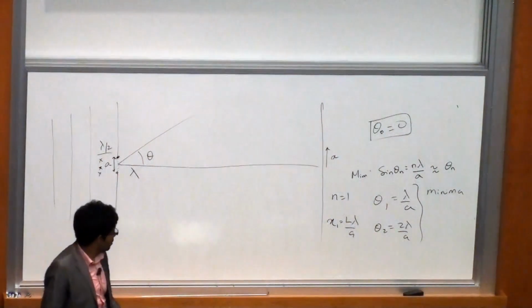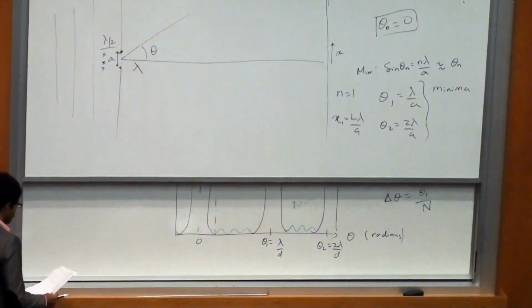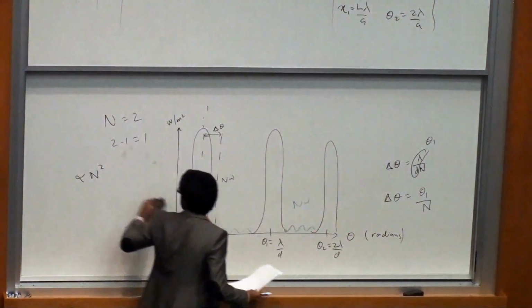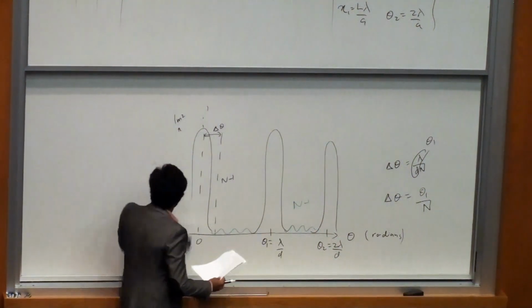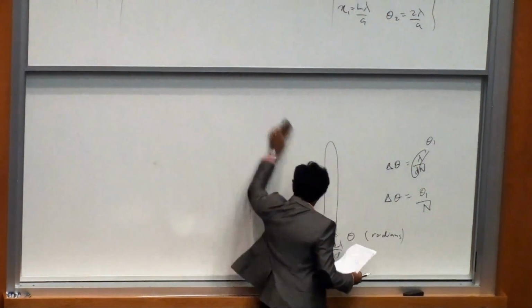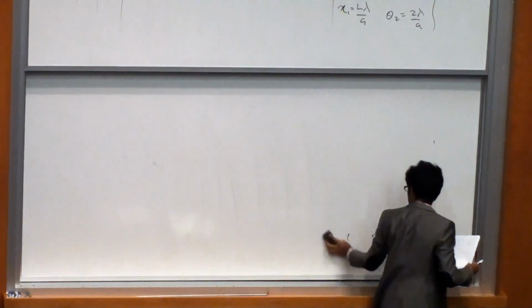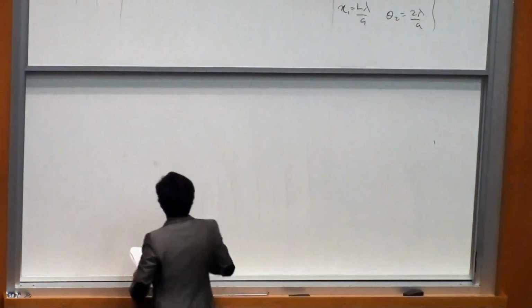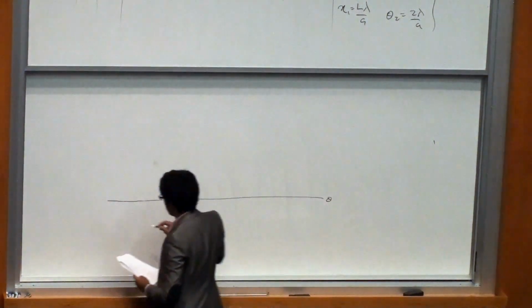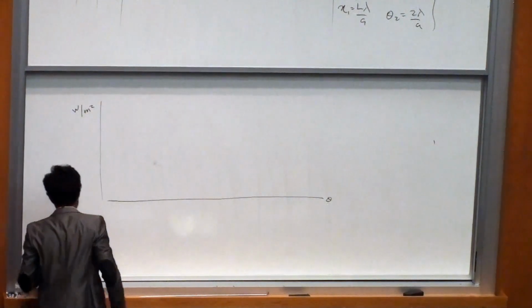So what would this pattern look like? Obviously the equations here are different, so let me plot this. Again, I'm looking at intensity versus angle theta, so I have watts per meter squared there.